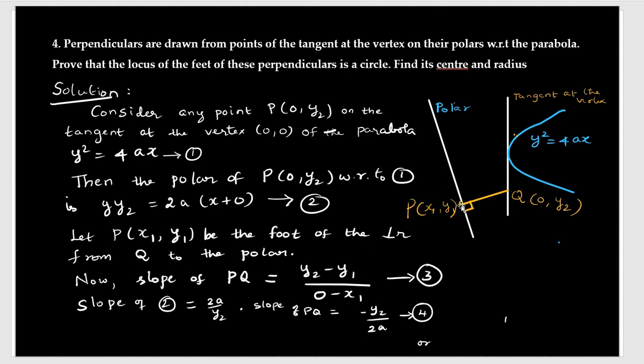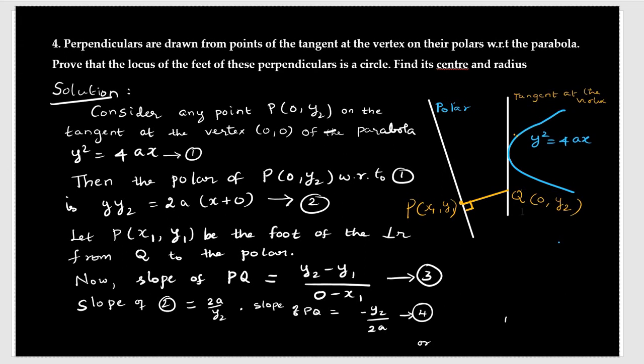Then we are trying to show that it's a circle, and from that we will get the center and radius. So this is the problem. Now you consider any point, this is Q, not P, of 0, y2 on the tangent at the vertex of the parabola.